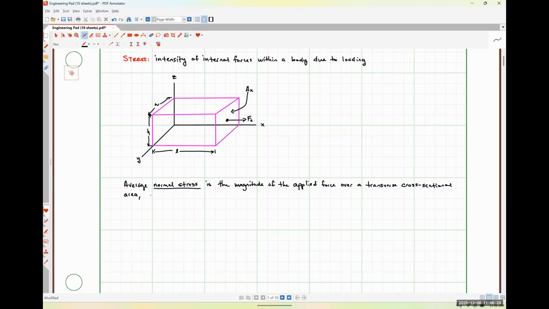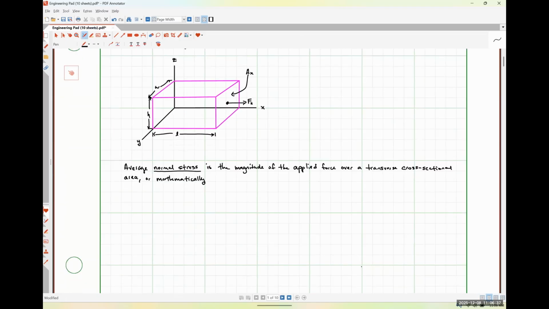Or mathematically, T subscript XX will be equal to the force in the x direction divided by the vector area in the x direction.